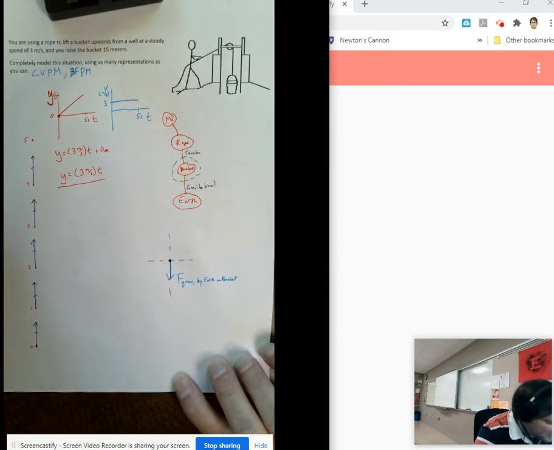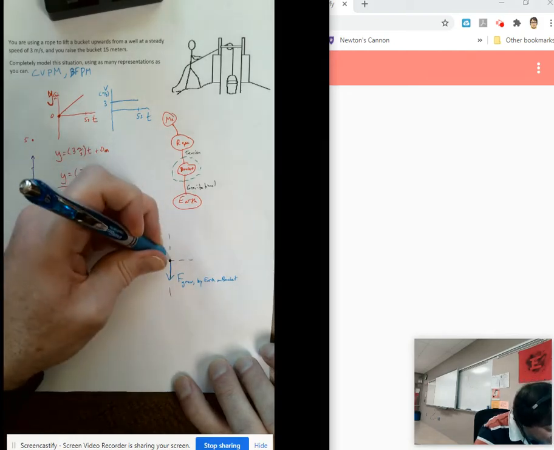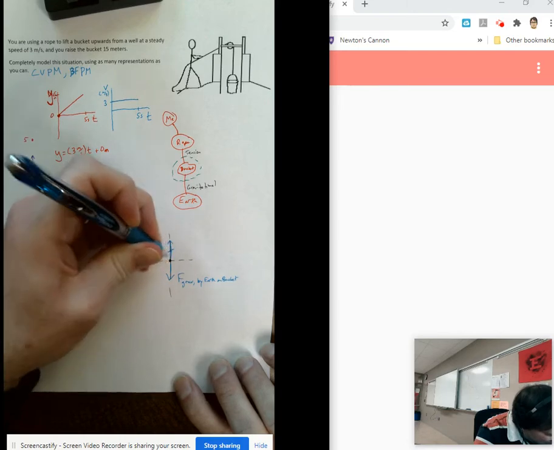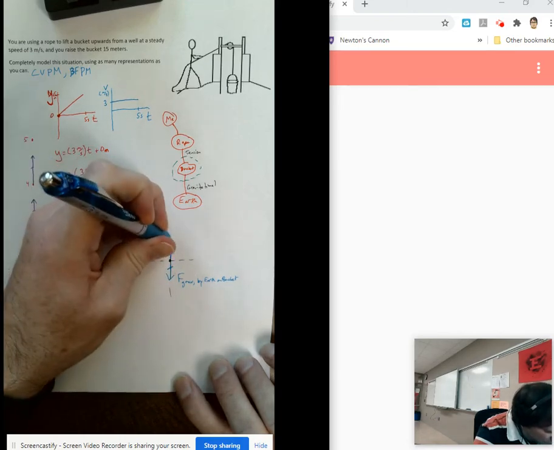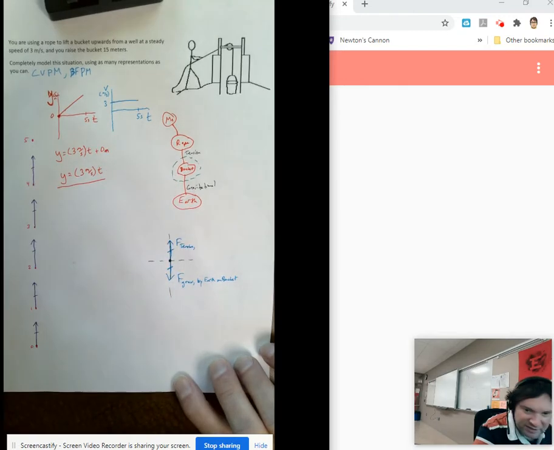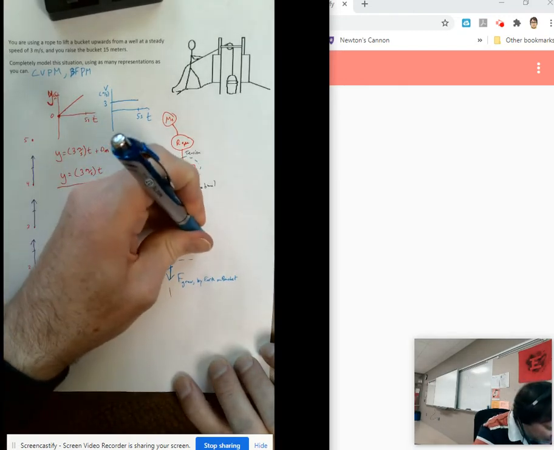And we've got balanced forces. There are two forces. So there's just one upwards force to balance this one downwards force. So these need to be equal. So I've got an upwards force of a tension by the rope on the bucket.